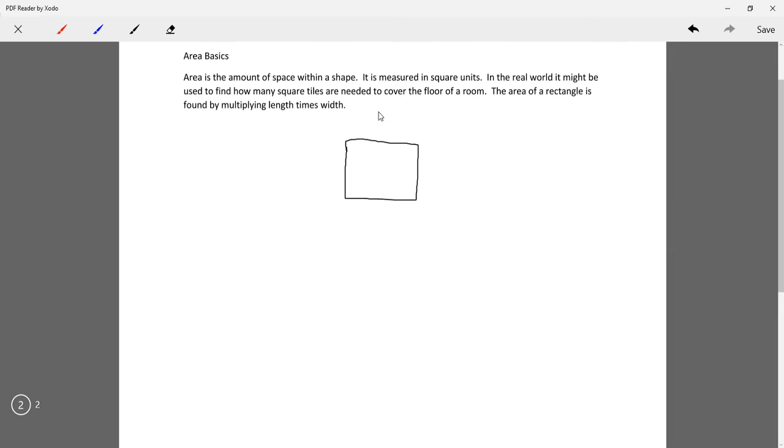Let's say here is a rectangle and it is 4 feet and 3 feet are the dimensions. All you're doing here is multiplying 4 times 3 to find the area, and it is 12 square feet.